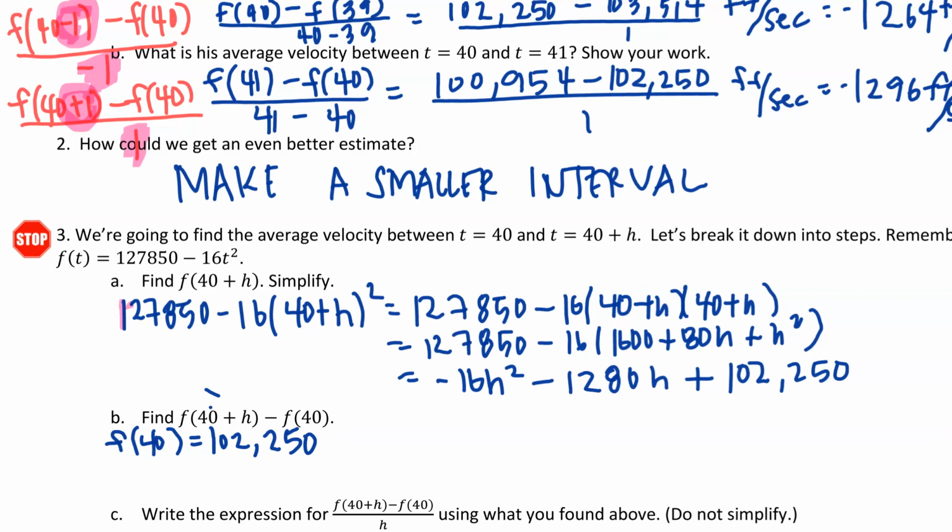So this is your y2 minus your y1, right? So the function evaluated at your y2 and the function evaluated at your y1. So then we're going to take f of 40 plus h minus f of 40. And when I do that, what is going to happen to the 102250 value?